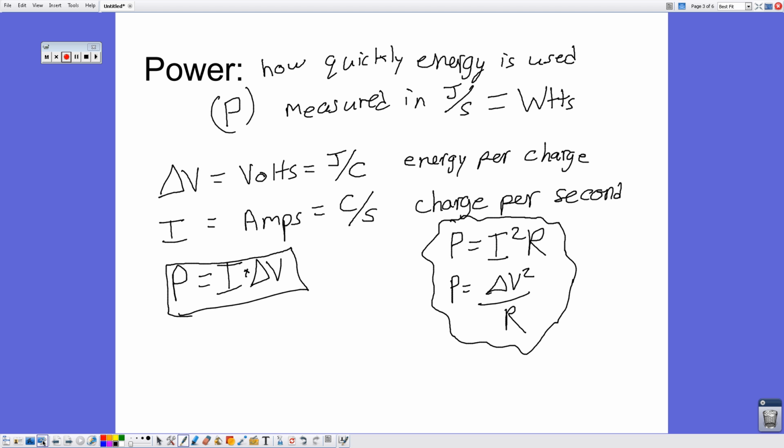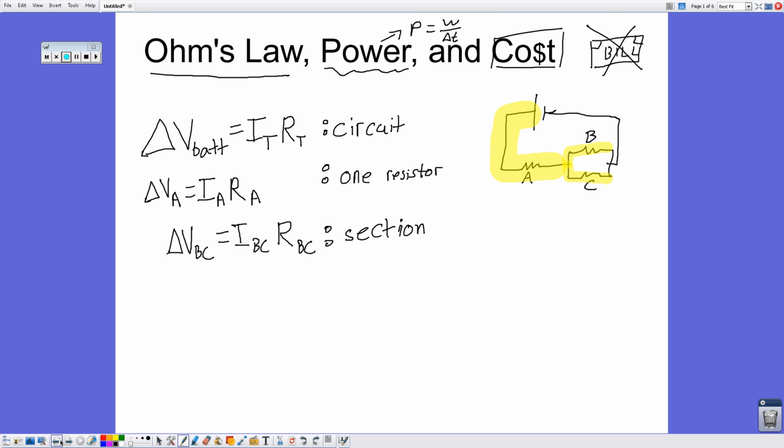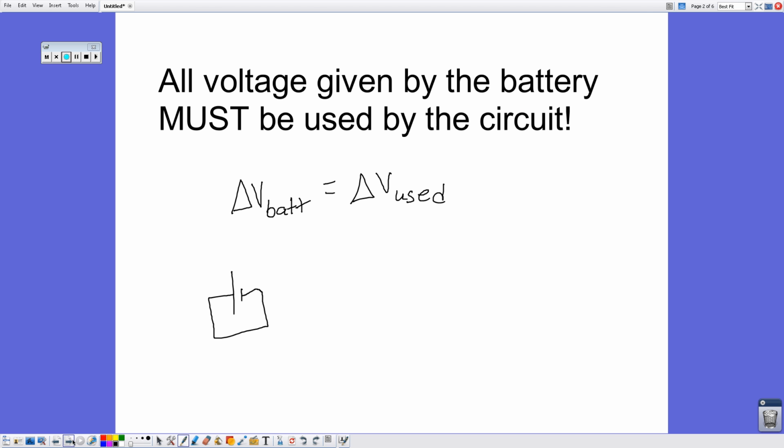Alright, so what do we got so far? We got that Ohm's law tells us about voltage, current, and resistance. And that we can use it for the entire circuit, one resistor, or a section. And as long as everything is for the same level, it works. All voltage given must be the voltage used.